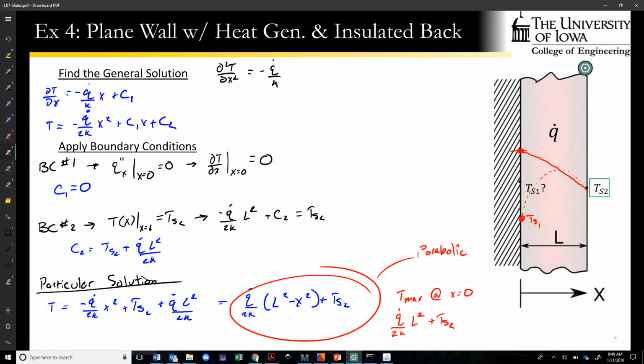If you had a convective cooling condition on one of these faces, instead of specifying the temperature here, once again, it would be a matter of saying you don't know Ts2, but if you do know the air temperature, you can match the slope of the temperature distribution at that edge to match the heat flux going out from conduction and being pulled away by convection. So it's all just solving simultaneous equations.